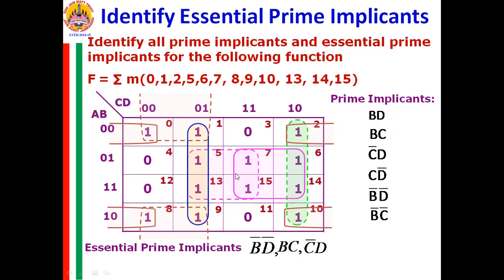If you take the remaining 3 also, you can cover all the ones. The remaining ones are BD, CD bar and B bar C bar. With that also you can get another Boolean expression. Either that or this may be the solution, not a unique solution.